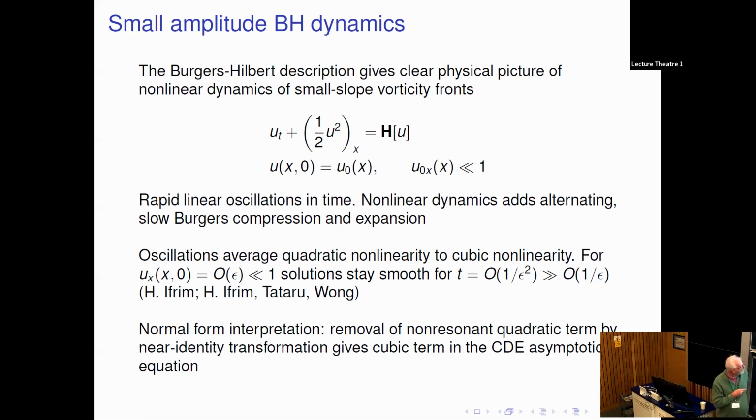And you can prove that by normal form methods. Roughly, when you use a normal form method, you eliminate this quadratic nonlinearity, you remove this non-resonant term, and you get exactly the cubic resonant terms in the asymptotic equation that I wrote down before.